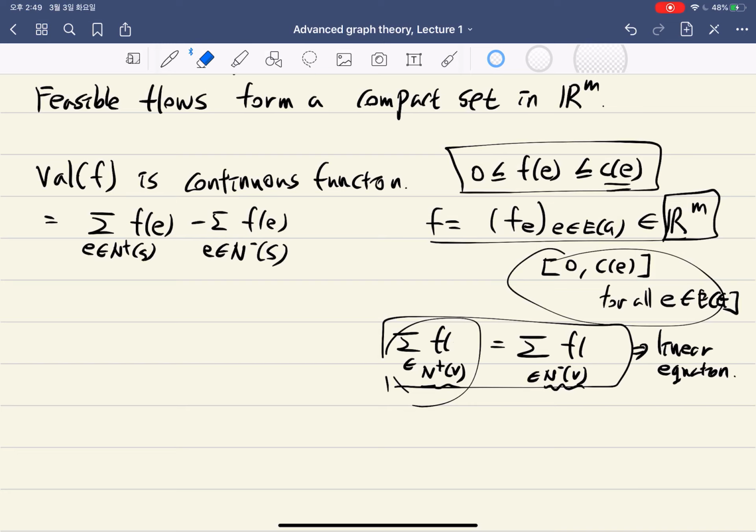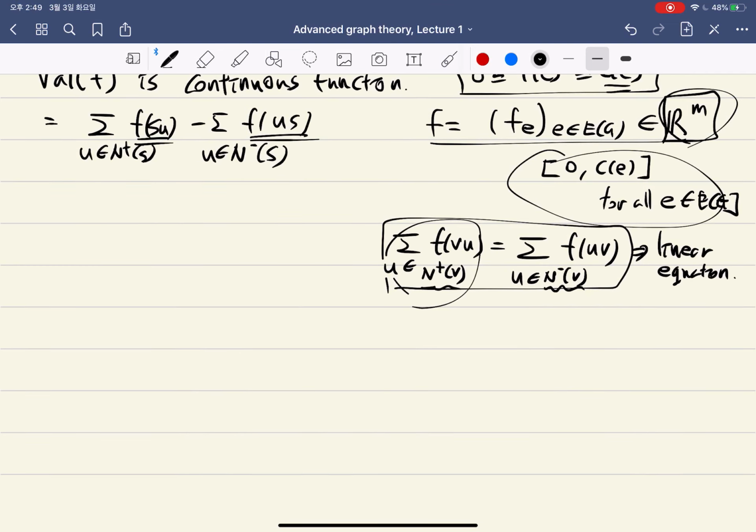Let's write it with N+ and N-, the out-neighbors and in-neighbors. So the sum over u of f(S,u) minus f(u,S). Each of these are coordinates in this R^m, so it's the sum of several variables. So it's a linear function which is continuous.